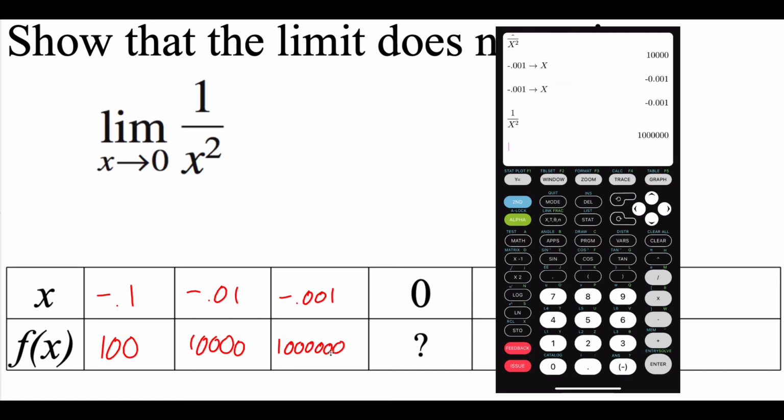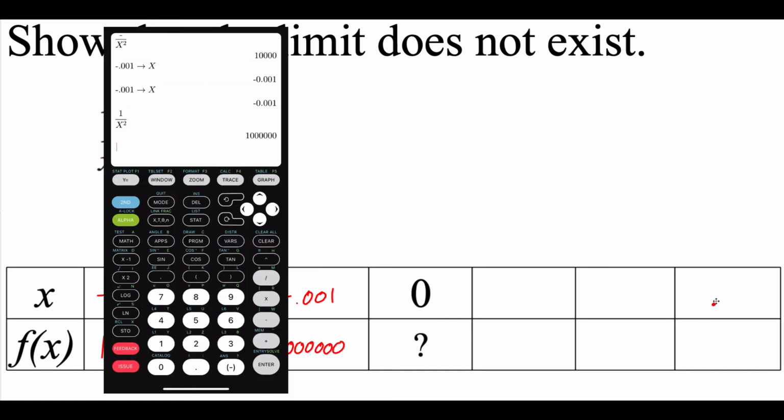Let's see if that same thing happens on the right-hand side. I'm going to go with positive 0.1, and I'll store that in my calculator, and then plug it in. I get 100, but then I'm going to do 0.01, so I'll store that in my calculator, and then plug it into my function. I get 10,000, and then I'll do 0.001, store that in my calculator, and then plug it in, and it looks like I get 1 million again.